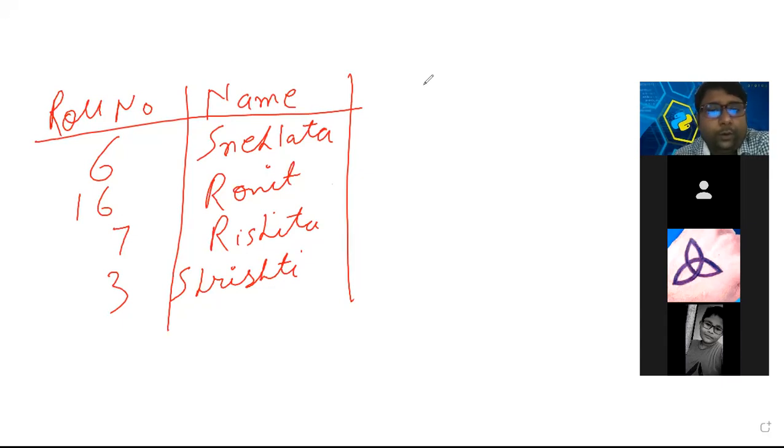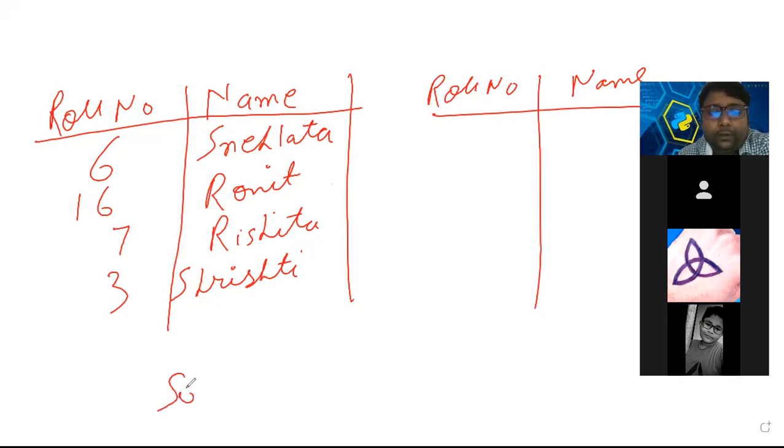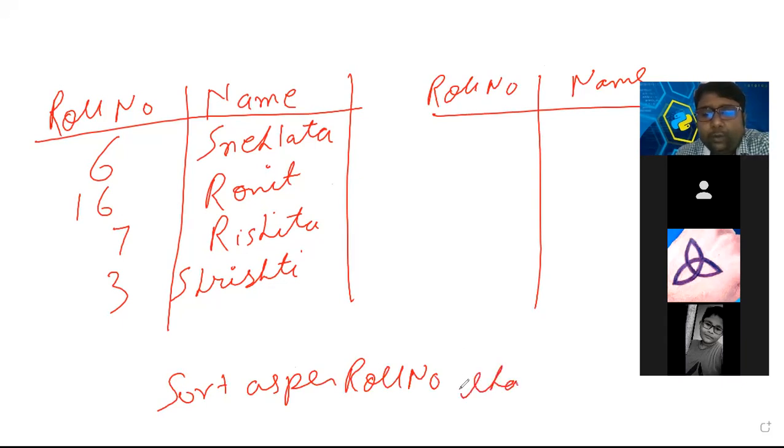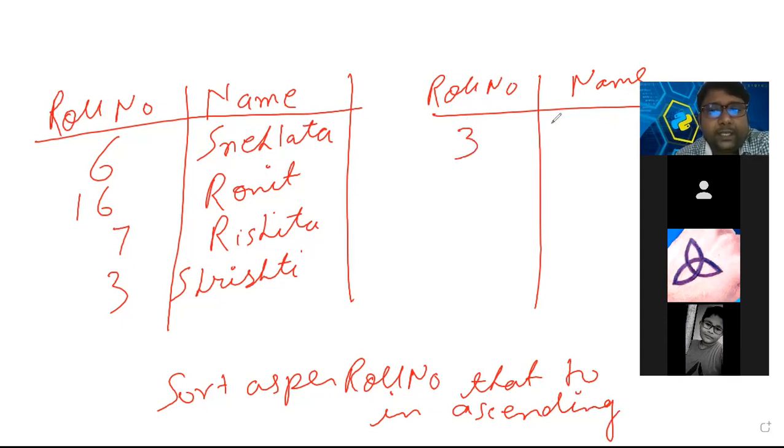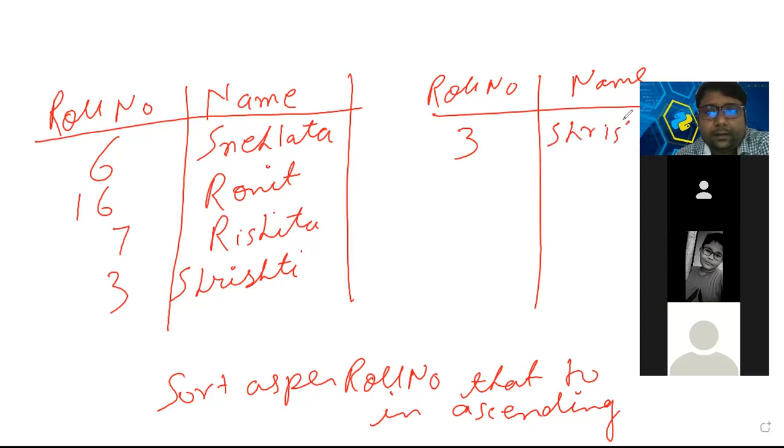So if I want to do it manually, these 4 students, if I want to sort as per roll number, that too in ascending, which data will come first? Obviously roll number 3.